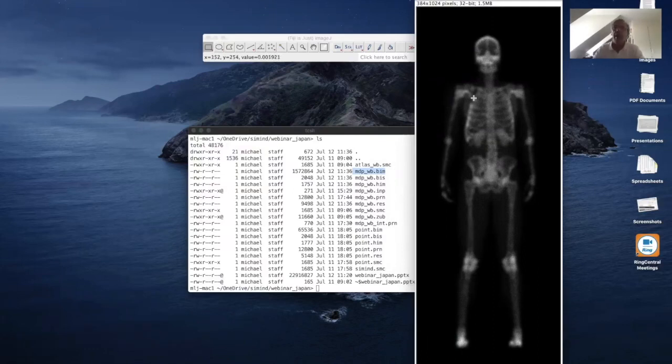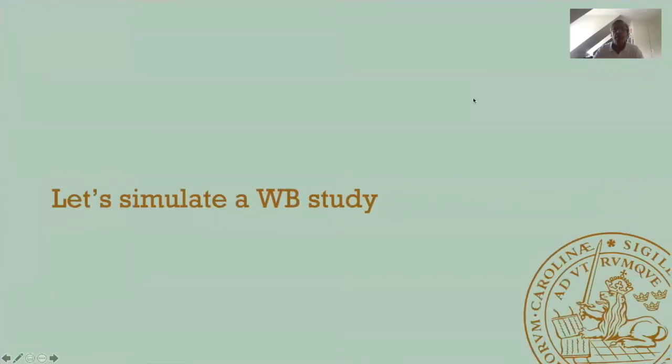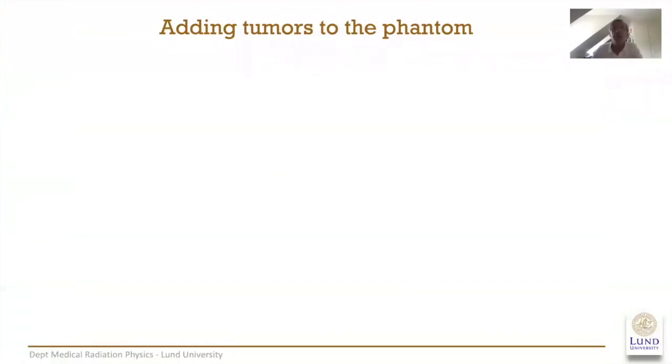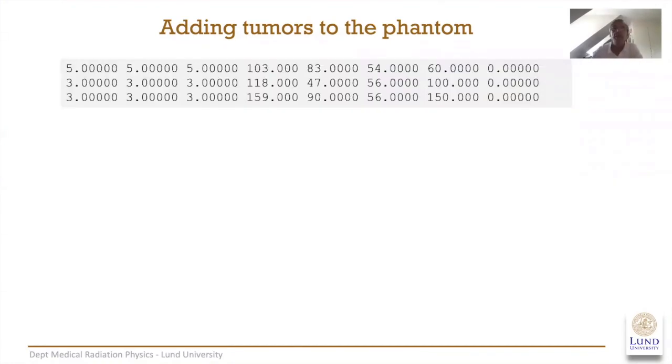Sometimes you want to add tumors to the simulation or the phantom, and this can be done in quite a convenient way without going in and editing the phantom. So let us see how we can do this. Now we want to add 3 tumors to this phantom in different places. So we can edit a file whose content shows the location and sizes of the tumors. The format of this file looks like this. It's 1 tumor per row.